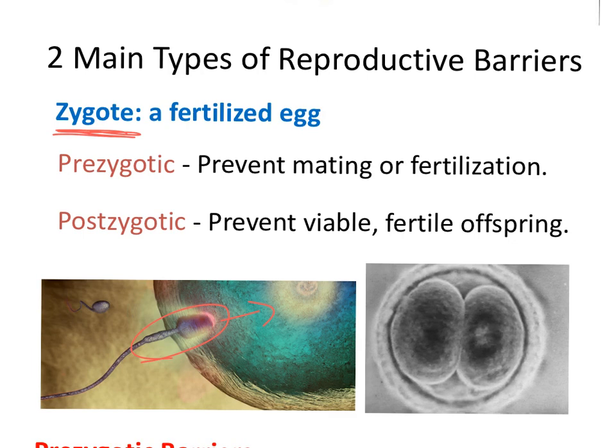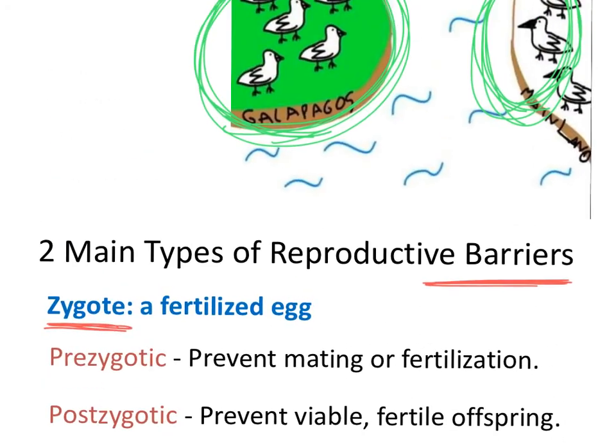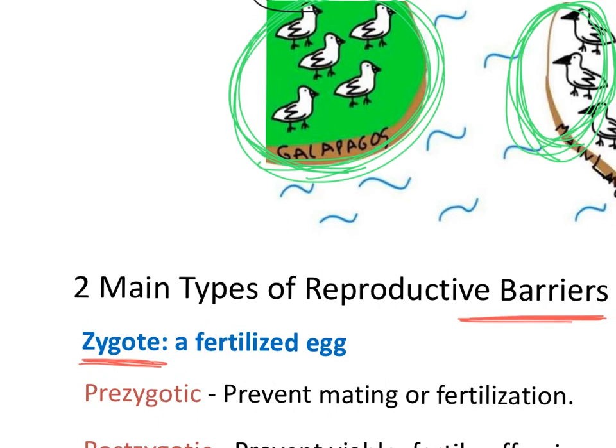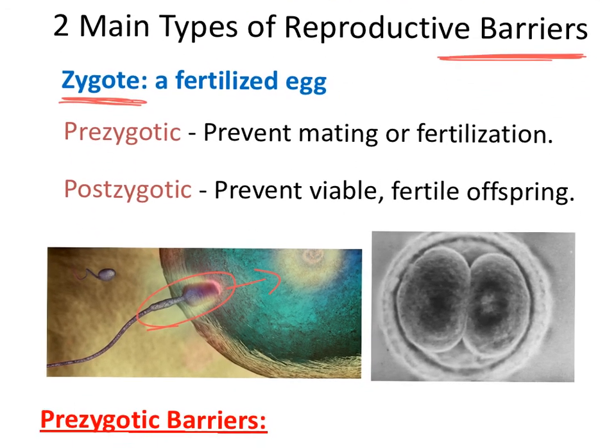Some barriers will prevent that from happening, meaning the egg and the sperm will never meet. An example of that was on the previous page with the birds. On an island, the egg of this bird is never going to meet the sperm of that bird because there's too much physical space between them.